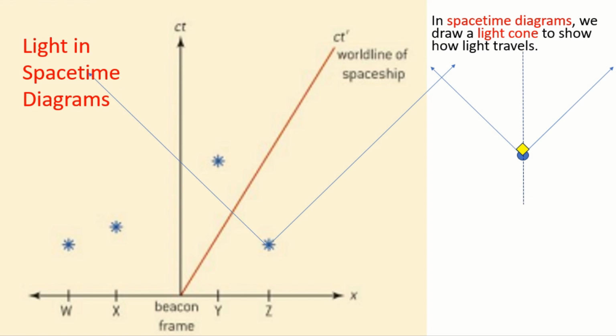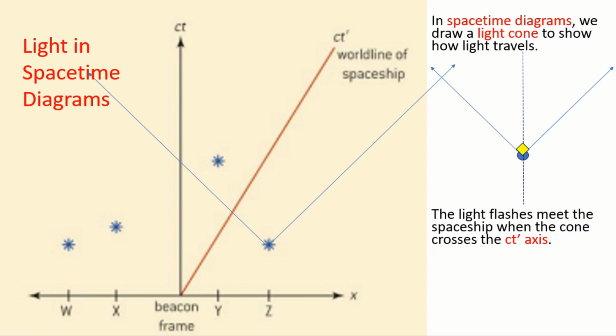Well, what I can do now is measure the time at which, firstly, my light from lamp Z crosses the world line of the spaceship. And that simply is just where it crosses. That will tell me the temporal coordinate, as measured by the moving reference frame, at which this light will reach the spaceship.